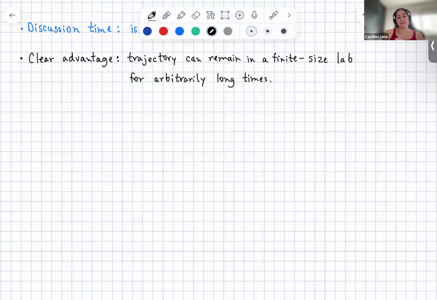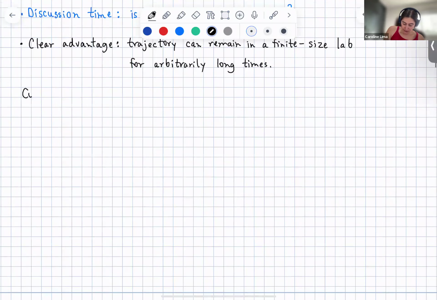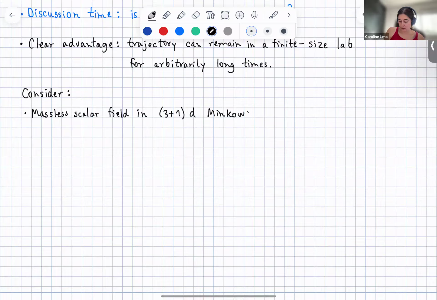But let's have a small look into the math here. Let's consider again the massless case, so a massless scalar field, in 3+1 dimensions, and we are in the vacuum.